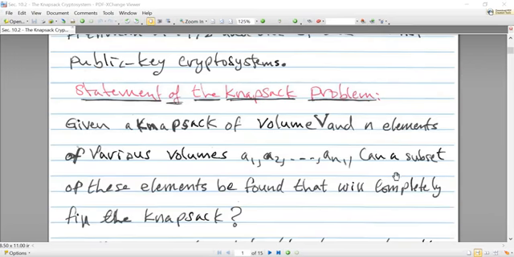Now, the question is, can a subset of these elements be found that will completely fill the knapsack? Here, from a physical point of view, we assume this knapsack is going to be filled with no spaces in between the different objects that we put in.